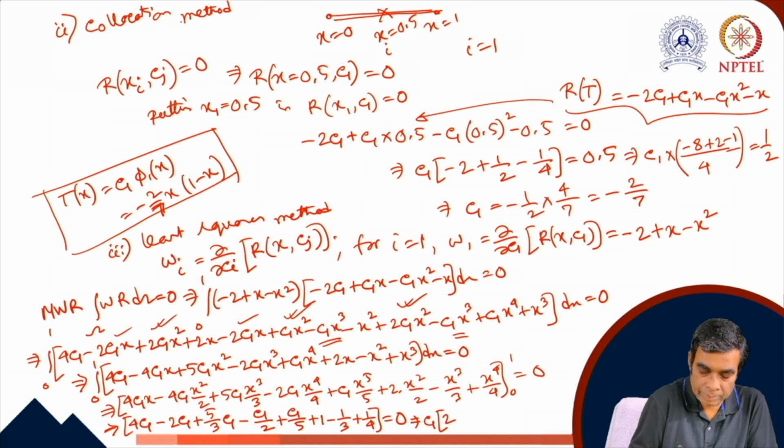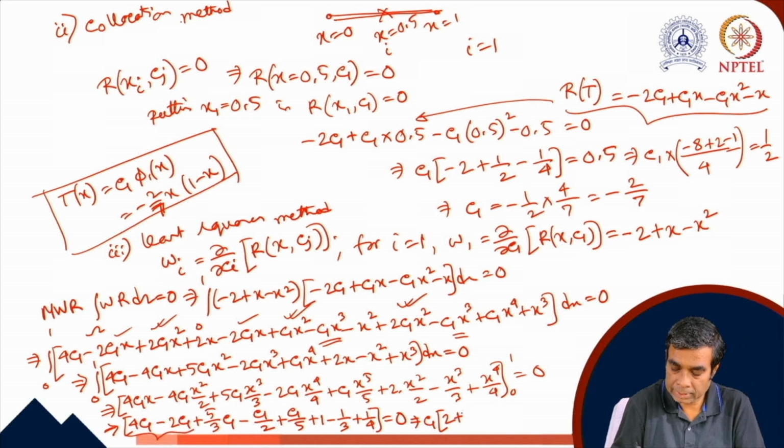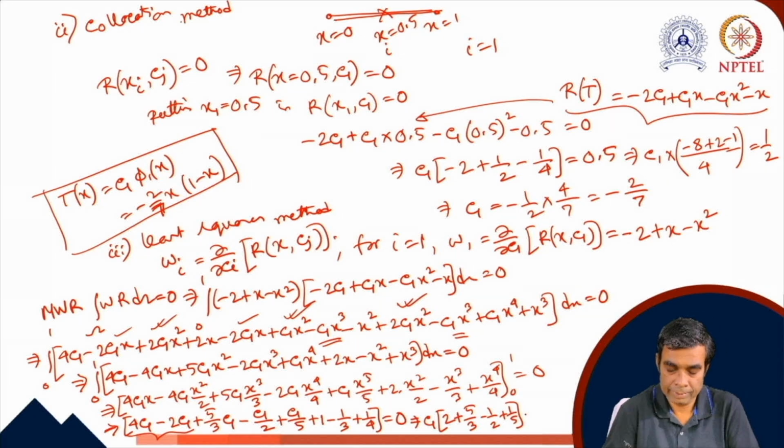These two terms give us 2C1. So 2 plus 5/3 minus half plus 1/5 equals to minus 1 plus 1/3 minus 1/4.